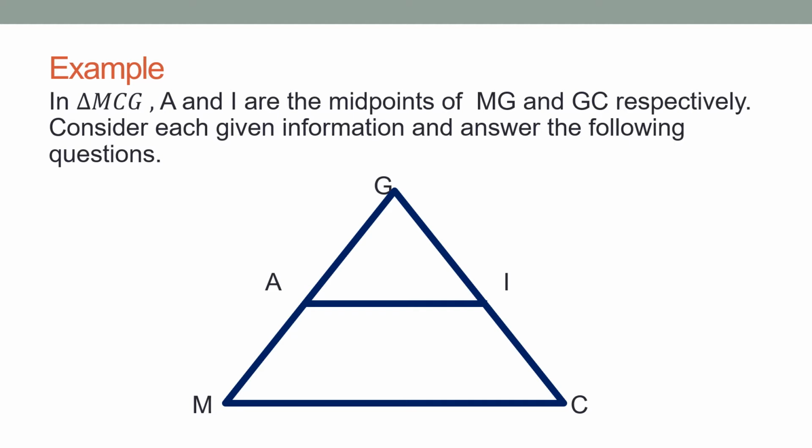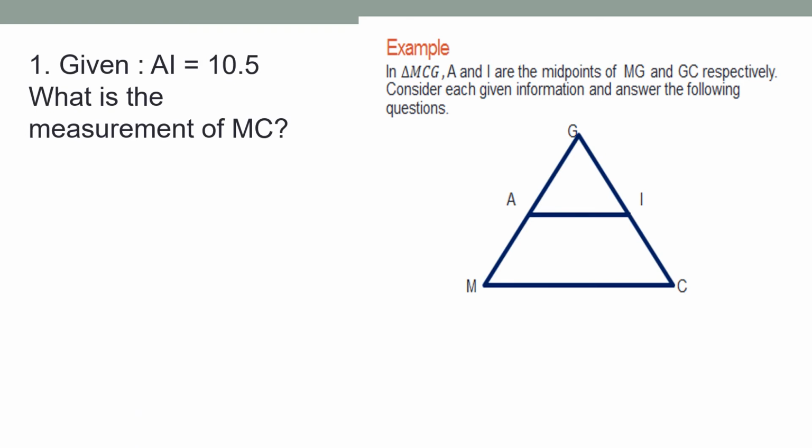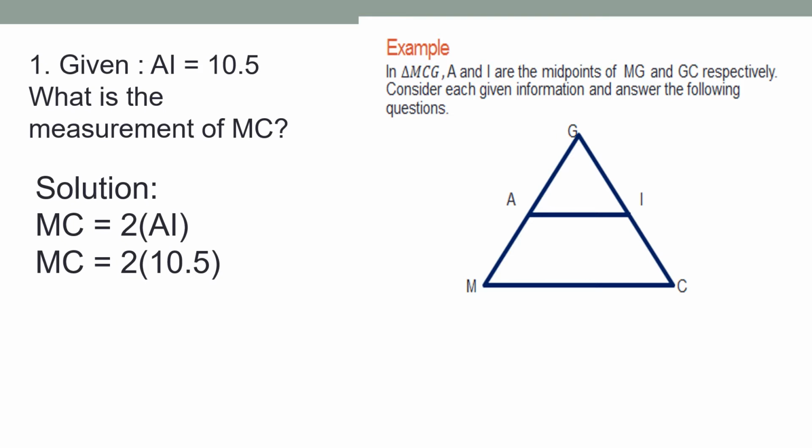Example, in triangle MCG, points A and I are the midpoints of MG and GC respectively. Consider each given information and answer the following questions. Number 1. Given AI equals 10.5, what is the measurement of MC? Solution: MC is equal to twice the value of AI.